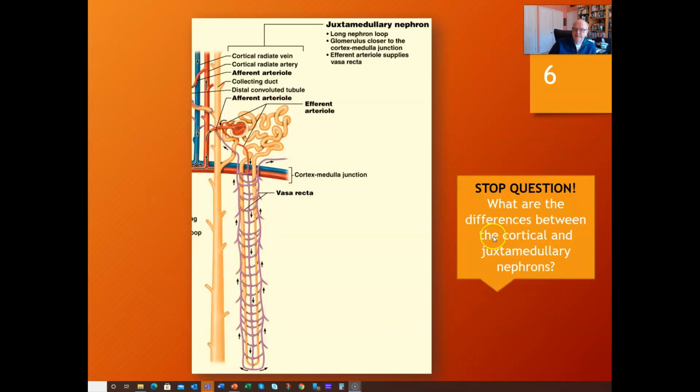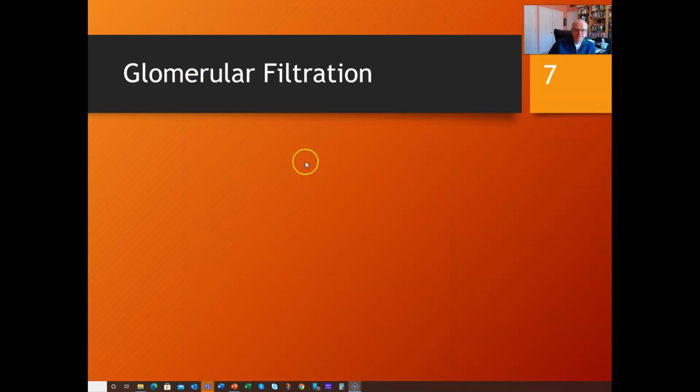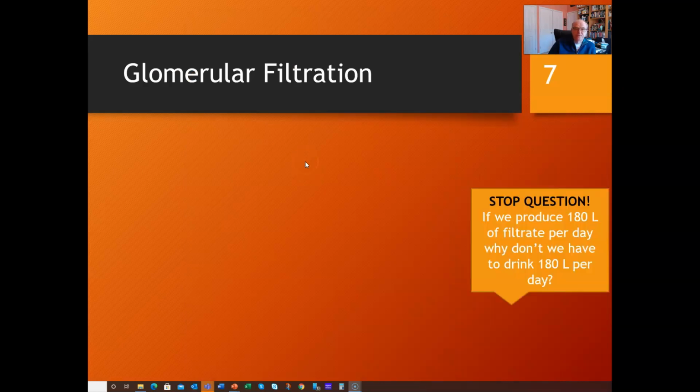Remember, the cortical nephrons are the ones higher up inside the cortex of the kidney, whereas the juxtamedullary ones are much further down and have a big long loop of Henle and the vasa recta wrapped around it.